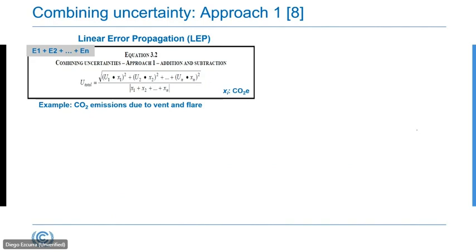The other question I saw in the chat was related to using absolute values, particularly when we have subtractions. What the IPCC tells us is that we have to apply absolute values to the results. You can see here that the modules are on the total emissions.